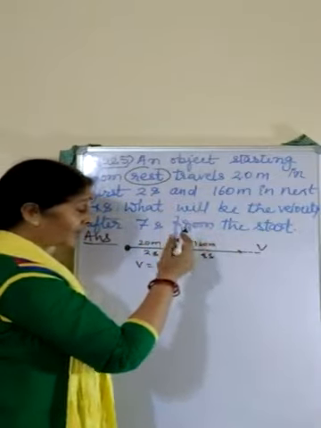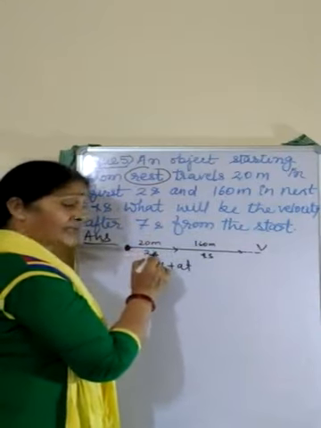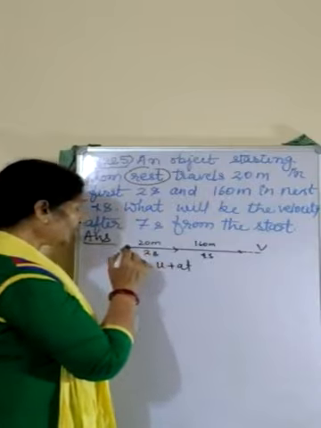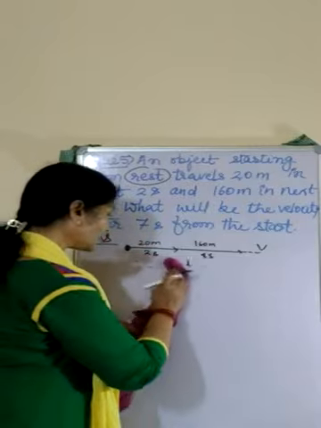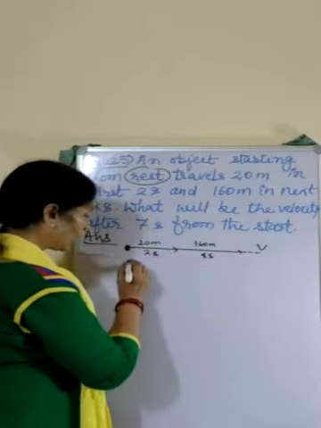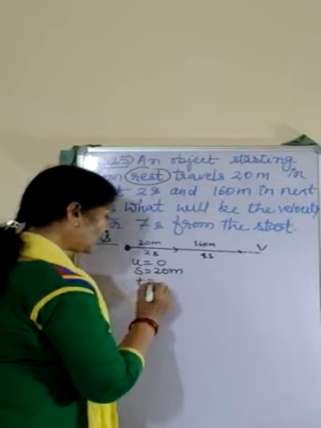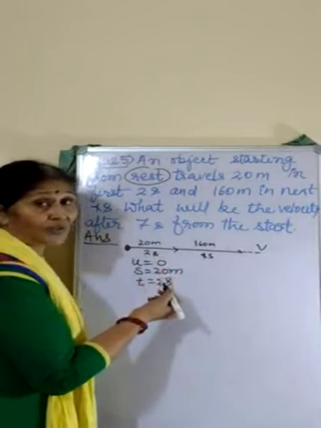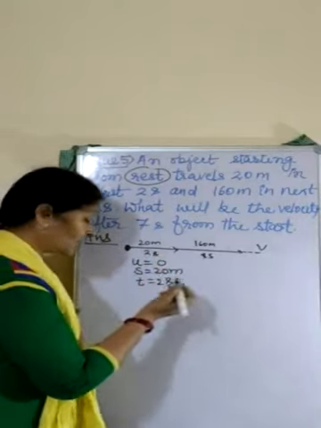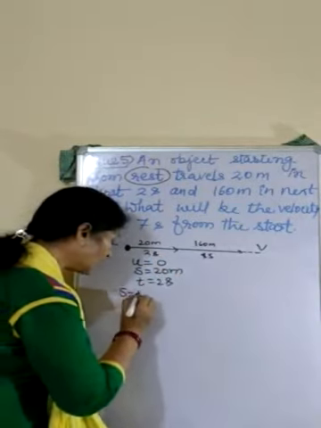Now see, in first duration, that is the first 2 seconds, body is starting from rest. So the initial velocity will be 0. Distance covered is 20 meter and time taken is 2 seconds. With help of this information only we can find out the acceleration. So we will take help of this formula. S is equal to ut plus half at square.